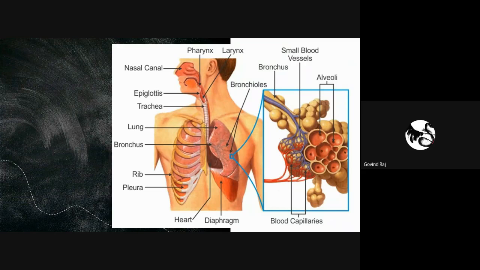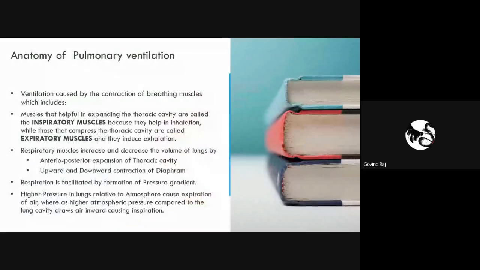The diaphragm is a partition that separates the thoracic cavity from the abdominal cavity. The diaphragm contracts, with an upward and downward motion, which results in the change in the lung volume. That we'll see in further slides.